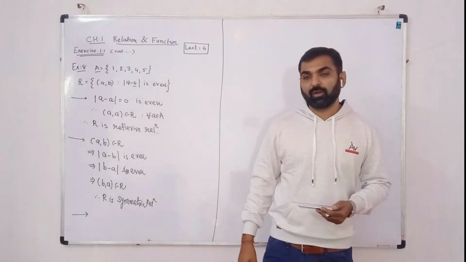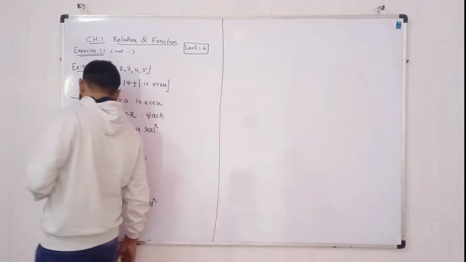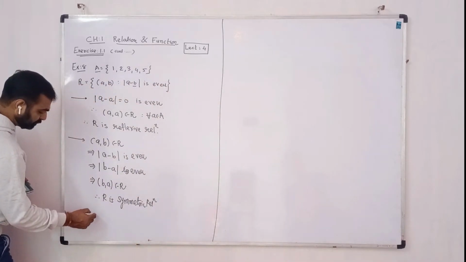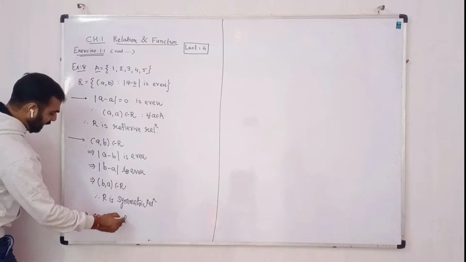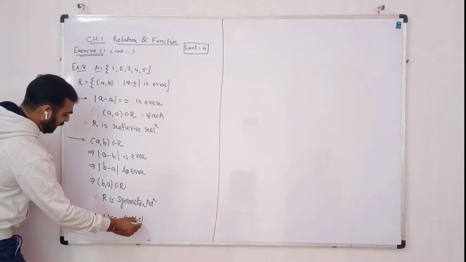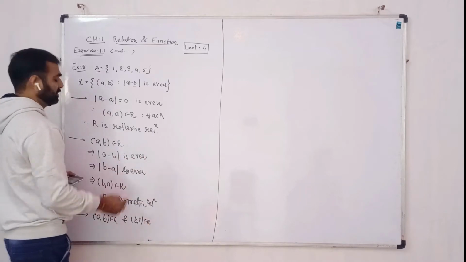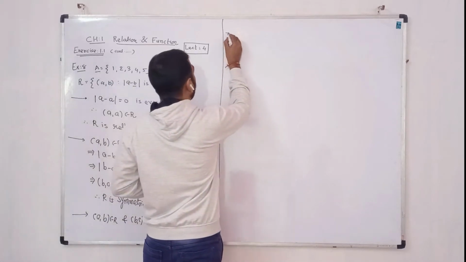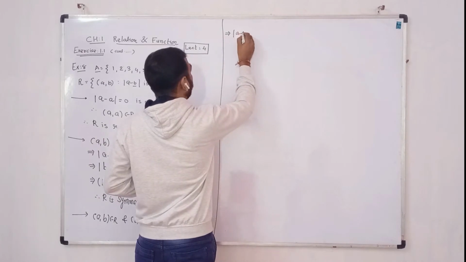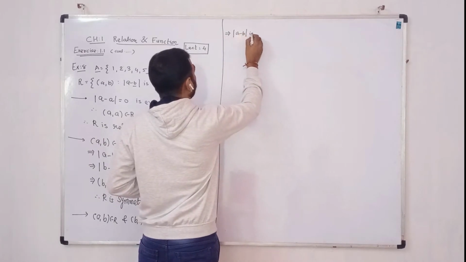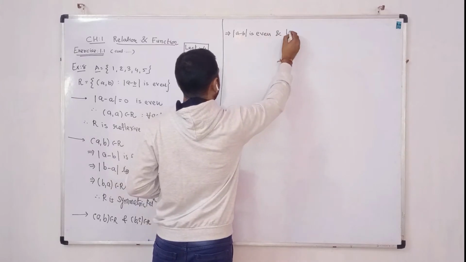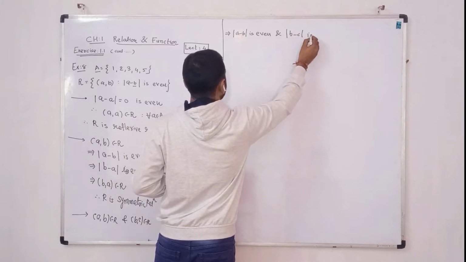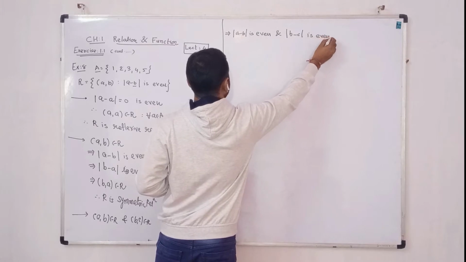Next, the third one is transitive. For transitive we accept two things: (a, b) belongs to R and (b, c) belongs to R. This means the modulus of a minus b is even, and the modulus of b minus c is even.